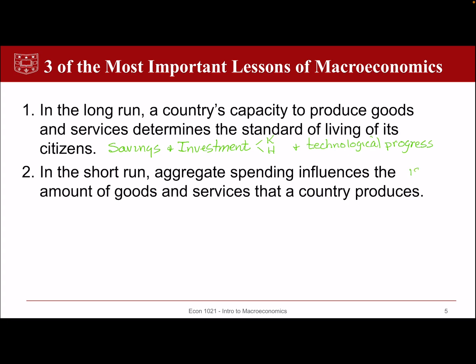So again, this is the IS-MP-PC model, the Fed model, if you will. What we were focusing on in particular is that as consumption or investment or government expenditures or net exports change, this changes spending, or excuse me, that is, spending changes production in the macroeconomy.